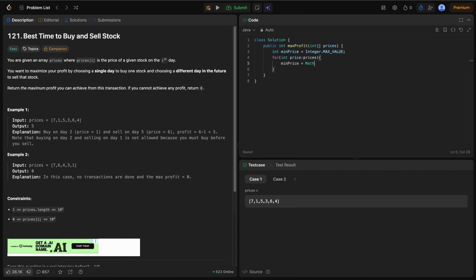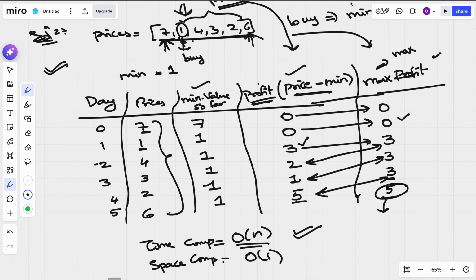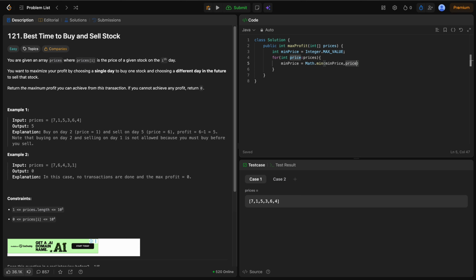Here Math dot min of min price comma price. Here, min price so far, that means I'm comparing the values, whatever min value I got along with the price value. Out of those, whichever is the minimum, that is what I'm considering as the minimum value. So I take the min of the minimum price and whatever the price is at that instant.